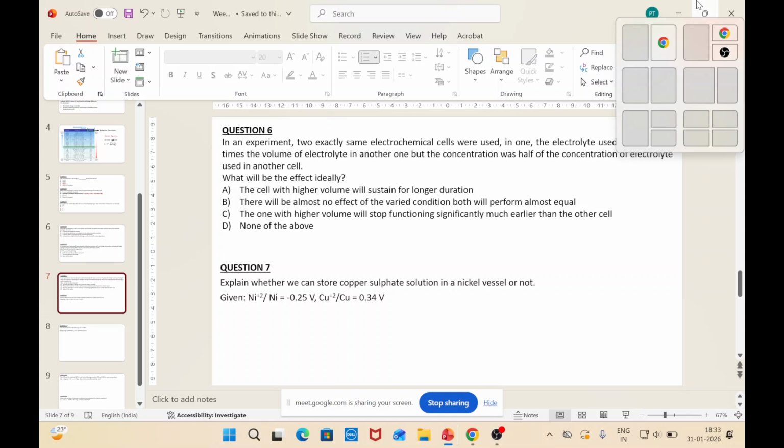Can you store copper sulfate in nickel vessels? So read the question carefully and then using the reduction potential values, tell me whether it is possible for storing copper sulfate in a nickel vessel.